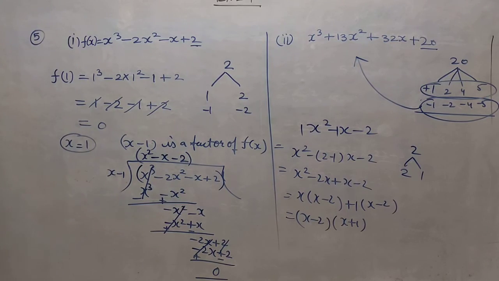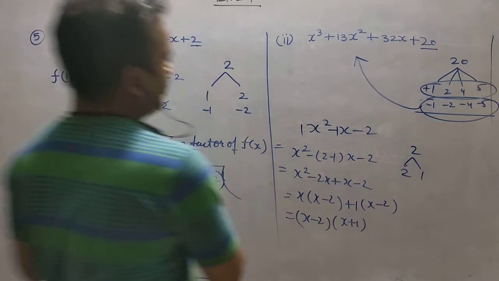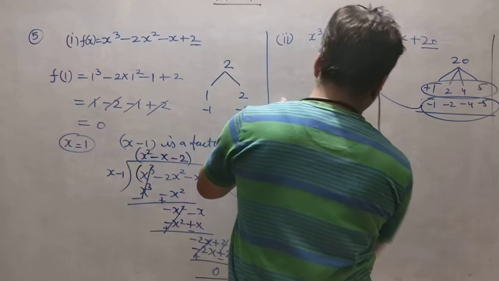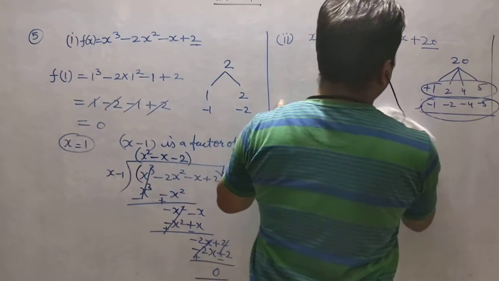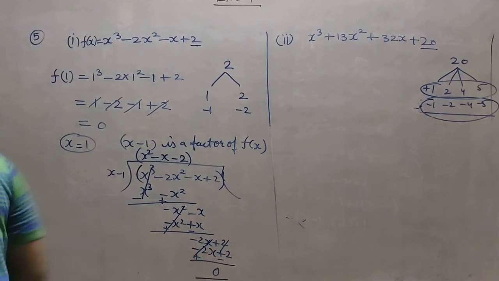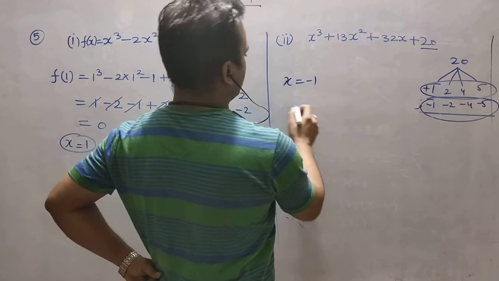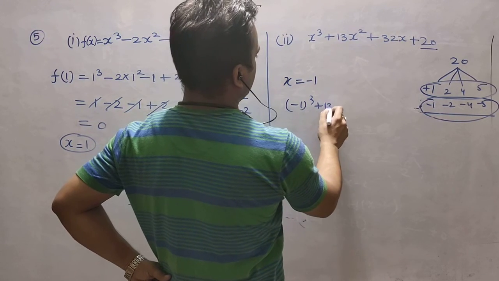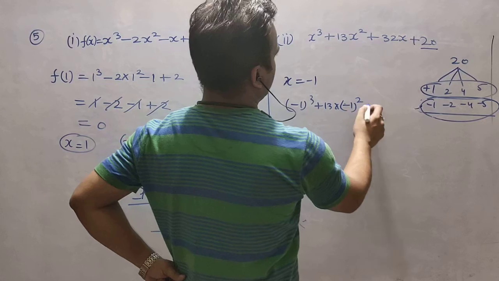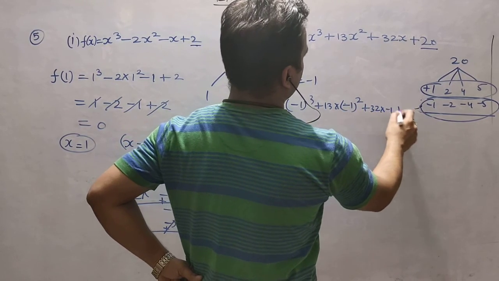We can put any value here so that you will be able to understand, and after that you can do it yourself. Okay, suppose I am putting x equal to minus 1, so it is minus 1 cube plus 13 into minus 1 square, plus 32 into minus 1, plus 20.